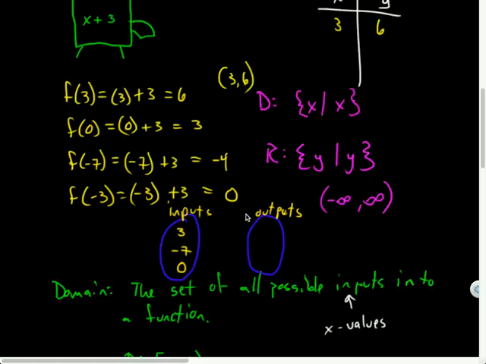And then the outputs would be 6, and then let's say I had the -4 here and the 3 here. Someone's excited. And then they have these weird little arrows. So 3 gave me 6, and -7 gave me -4, and 0 gave me +3. Have you guys ever seen those charts before?